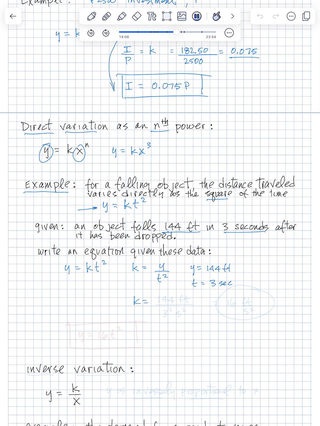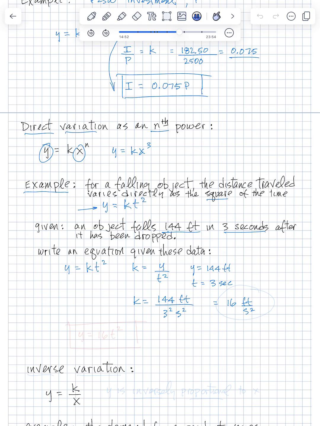We get k is equal to 144 feet over 3 squared. I'll just write 3 squared, but you're squaring the units too, so it's 3 squared, seconds squared. And so if we divide that out, 144 divided by 9 is 16, and the units are feet per second squared.